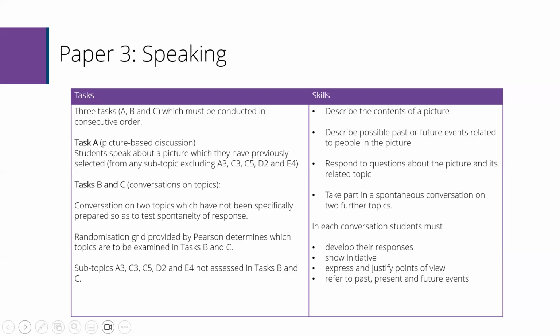So perhaps think about moving away from just talking in the first person, that will enable them to develop the ideas, but also to show that range of grammar, for example. Students need to show some initiative. That means that they take the lead a little bit in those conversations.